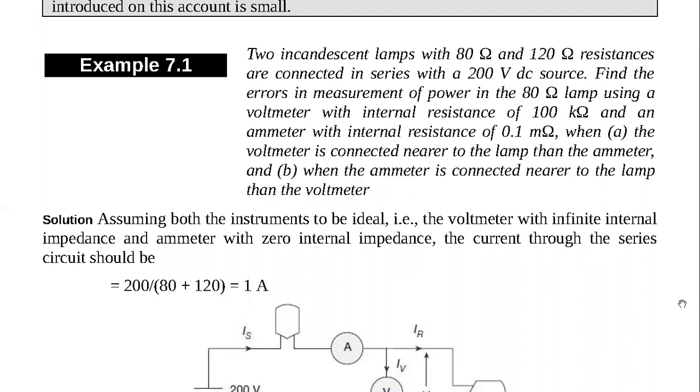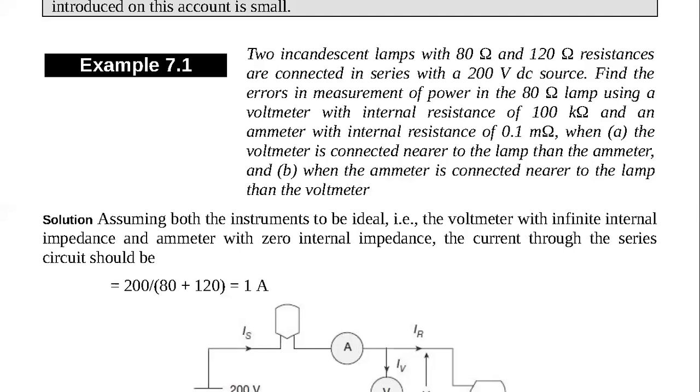So I don't know if you have managed, but we can look at the working. Let us go through the question, which reads: two incandescent lamps with resistances 80 and 120 ohms are connected in series across a 200 volt DC source.